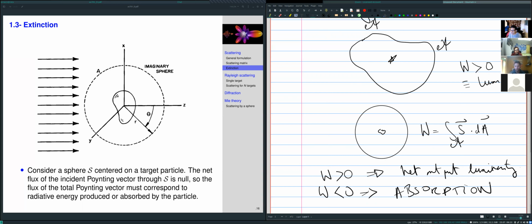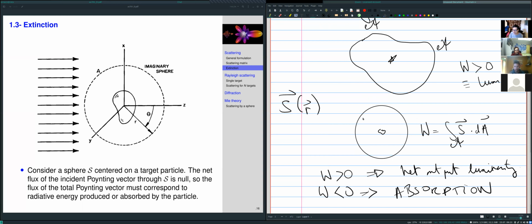Because there's going to be a sink that absorbs all this energy, okay? So if we say that S is the total Poynting vector in space, S is the flux of radiation anywhere in space, okay? So S depends on position, okay? And this is the net Poynting vector anywhere in space, okay? And I calculate the flux of it through the sphere.